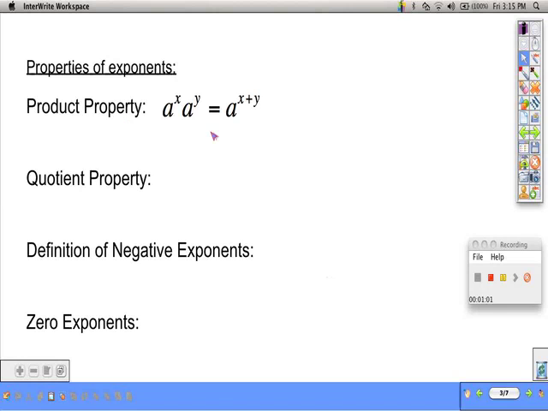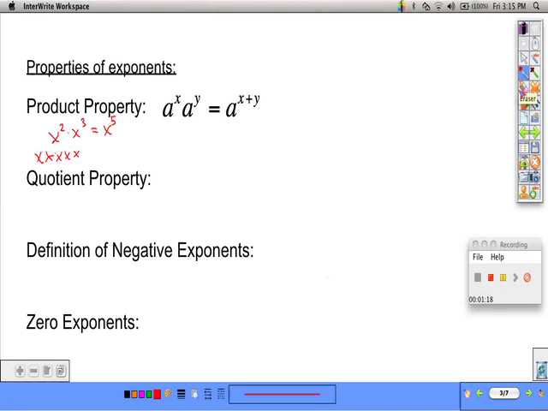For instance, x squared times x cubed is equal to x to the 5th. And if you think about that, we have xx times xxx, that's x to the 5th.